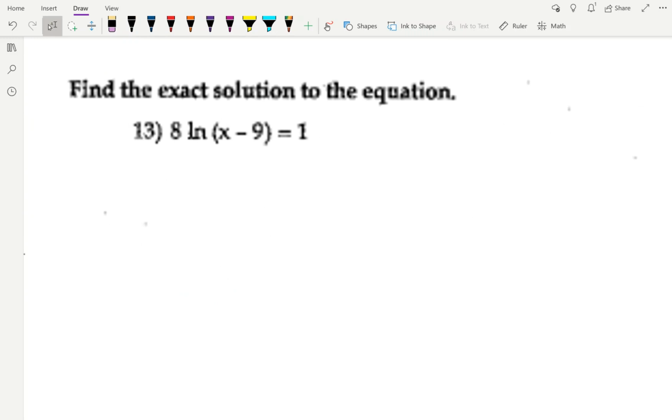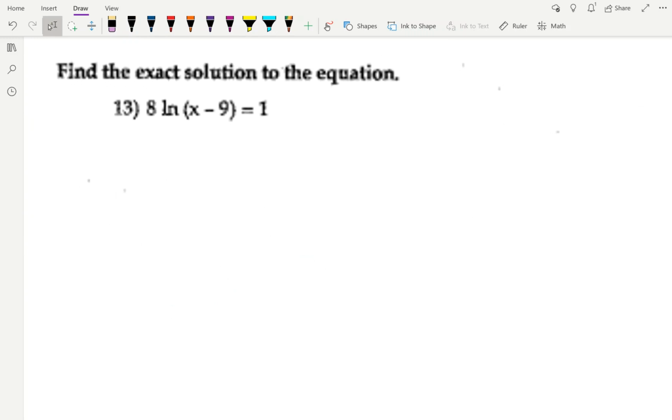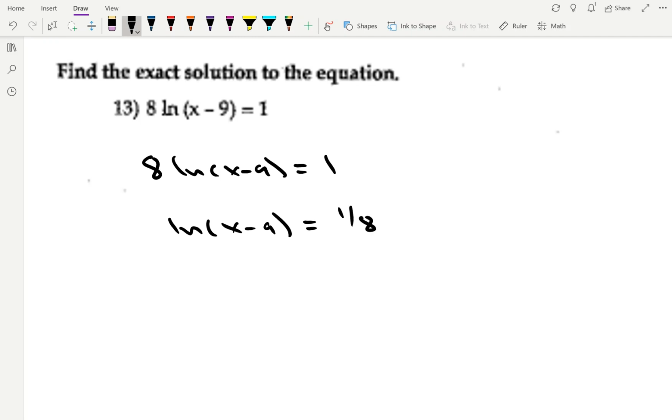And the last one, not under 10 minutes, but close. This is the one where we have to e it. We used to get x by itself. Now we're going to get ln by itself. So ln of x minus 9 is equal to 1/8. Oh, a little tricky here. So that's going to be e to the ln of x minus 9.